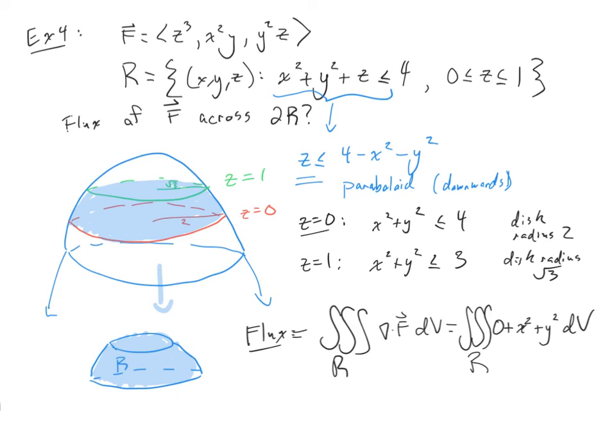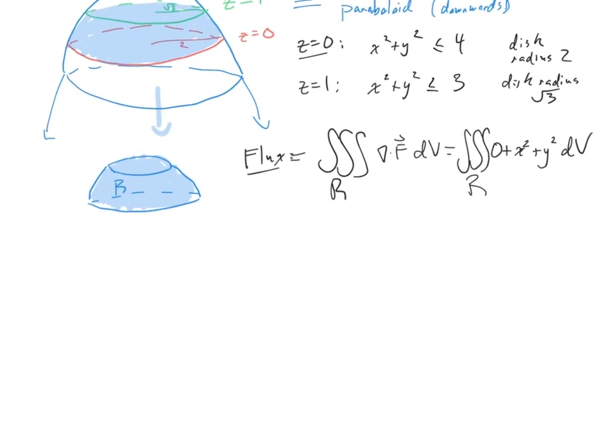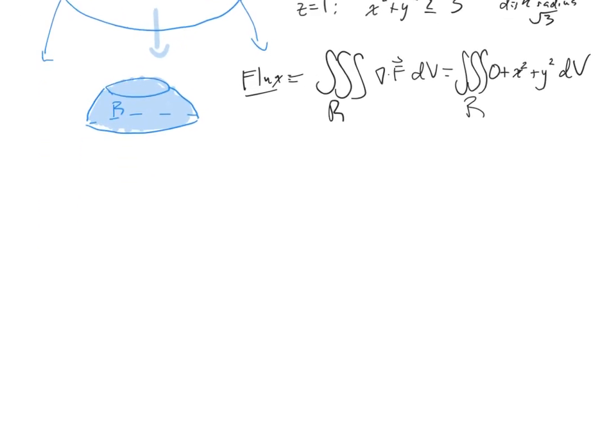So because of that x squared plus y squared, I'm going to convert this to cylindrical coordinates, because also I see that I have rotational symmetry in the xy plane. So let's now just treat this integral like one we're doing independently. So I've got this triple integral over R of x squared plus y squared dV.